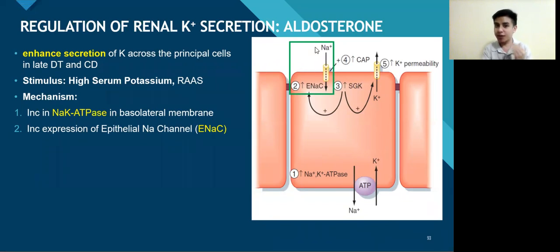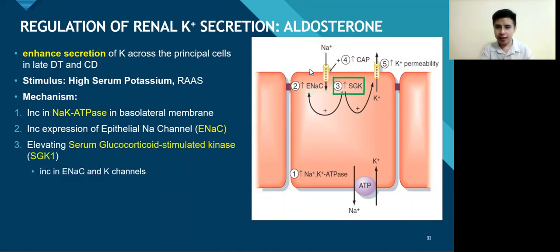So more sodium will be reabsorbed because there are more ENaC channels. And then it will enhance this SGK, your serum glucocorticoid stimulated kinase. What does this SGK do? SGK will enhance ENaC and enhance the potassium channel.